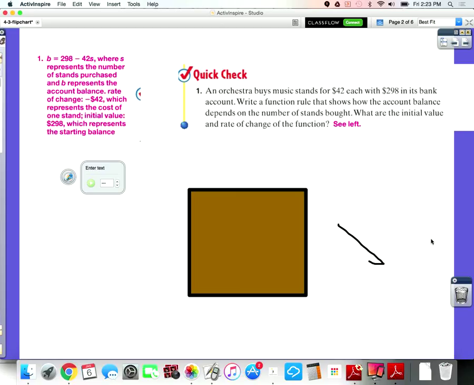Okay. An orchestra buys stamps for $42 each with $298 in its bank account. Write a function rule that shows how the account balance depends on the number of stamps bought, what are the initial values, and the rate of change in the function. I am going to be more strict than the book. I would have marked Dean's wrong, because Dean wrote it like the book did: y equals 298 minus 42 times m, or whatever variable he used.